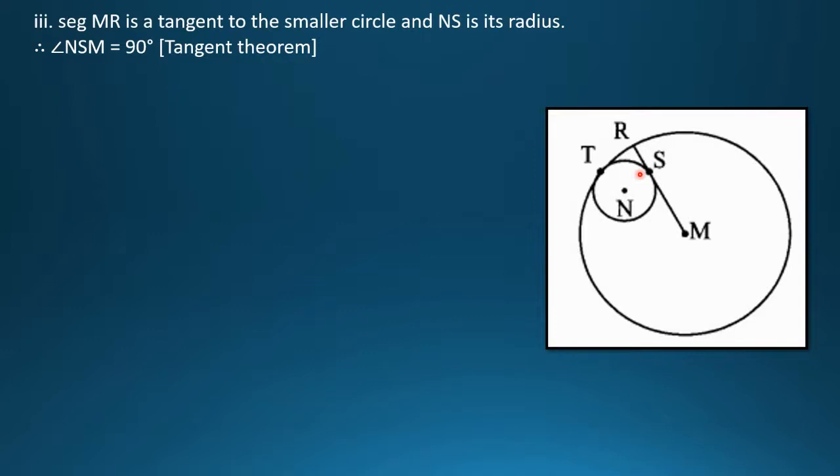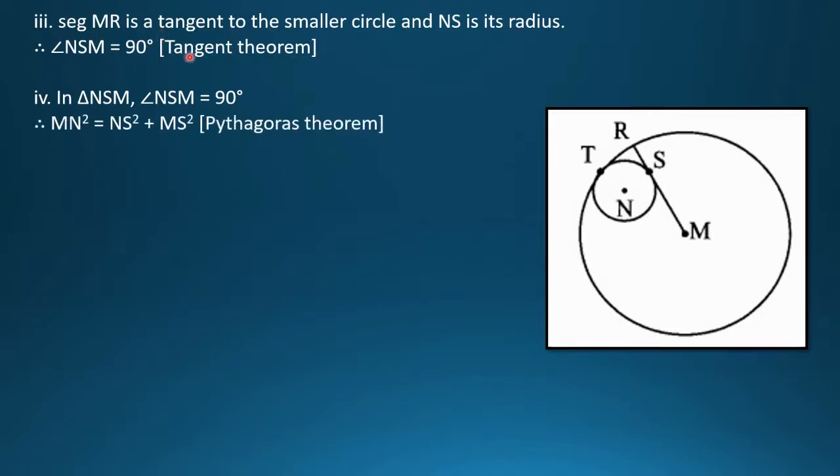Therefore, angle NSM will be 90 degrees. And in the fourth part, we have to find the ratio. So we'll start in triangle NSM. In triangle NSM, angle NSM is 90 degrees, as we found in the previous part.